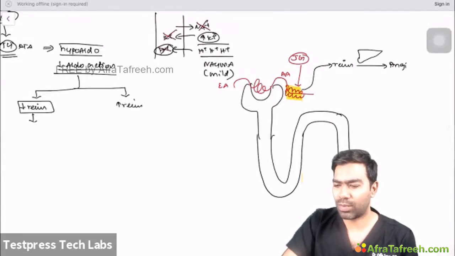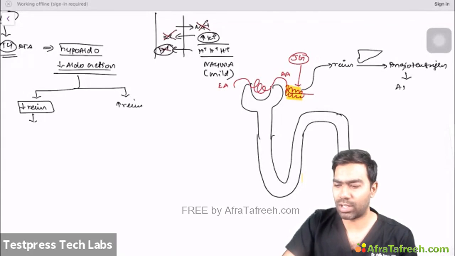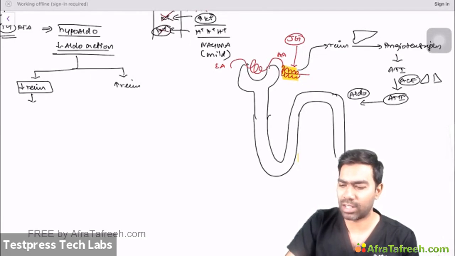In the liver, it results in secretion of angiotensinogen, which is converted to angiotensin 1. This angiotensin 1, in the lungs, with the help of angiotensin converting enzyme, results in formation of angiotensin 2. This angiotensin 2 is the one that is going to produce aldosterone, and this happens in the zona glomerulosa of the adrenal gland.